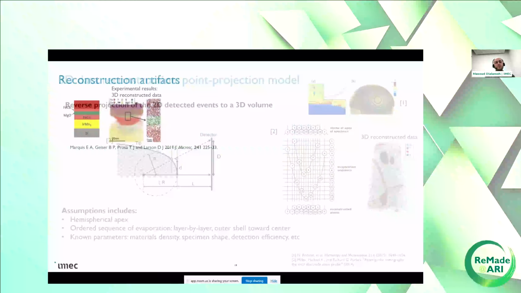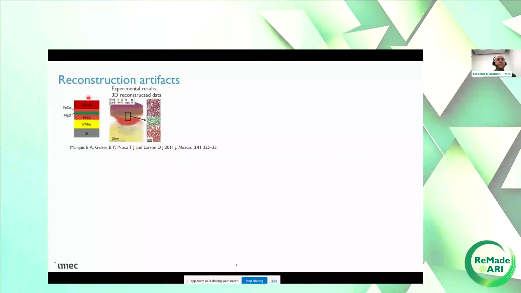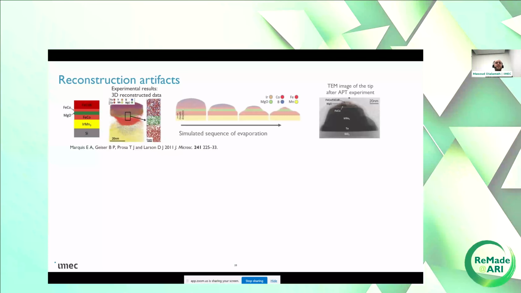For more complex systems, for example multilayers where there are elements with really different field evaporation, so evaporation rate, in this case this is the 3D reconstructed data from atom probe. We see some distortion in the data. While locally the lattice planes might still be resolved, the overall picture looks distorted. This is in fact because of deviation of the apex.